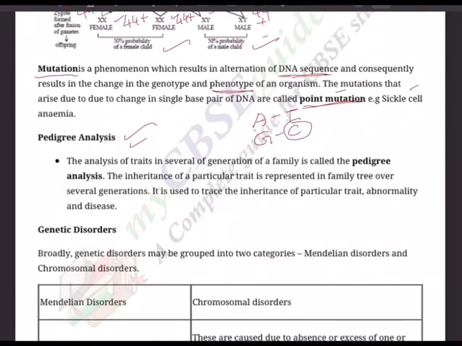So the analysis of traits in several generations of a family is called pedigree analysis. The inheritance of a particular trait is represented in a family tree over several generations. It is used to trace the inheritance of a particular trait, abnormality and disease.